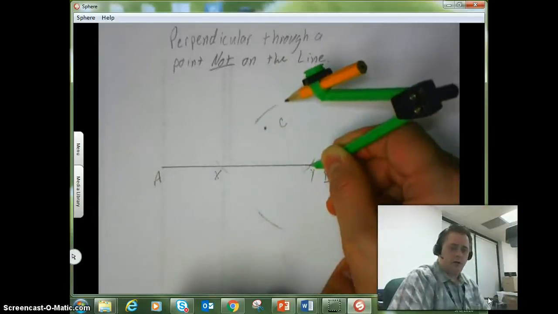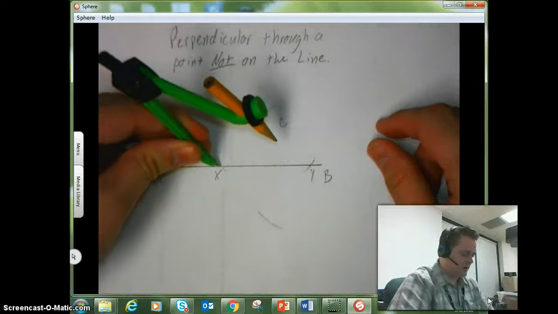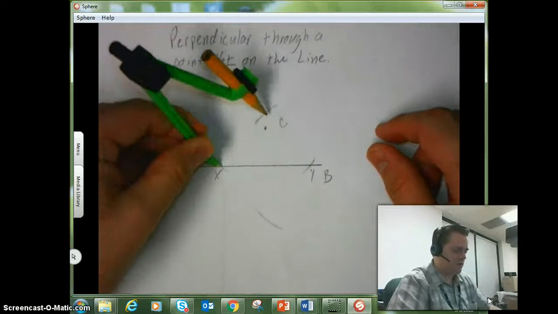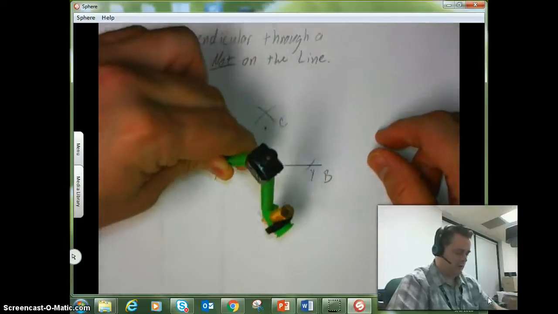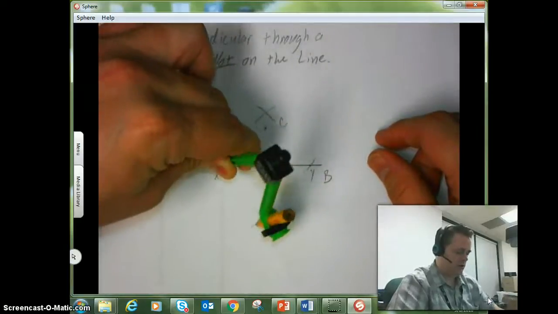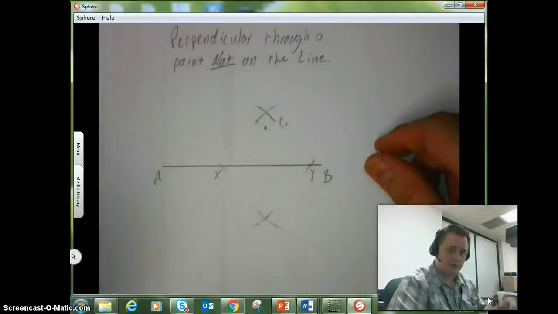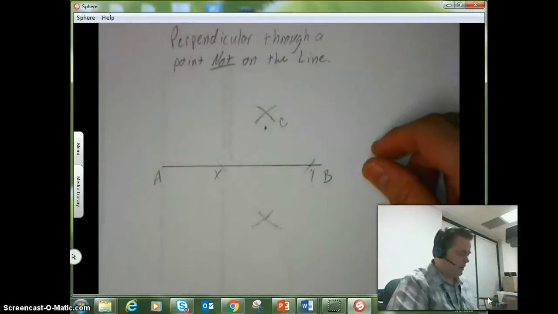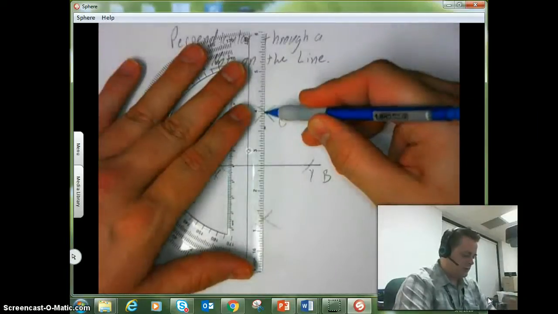Okay, and now I will simply move it to point X and repeat the process. I will create an arc above AB and an arc below AB, and ideally the arcs will intersect each other like you see on the screen. Now we can take our straight edge and line these up.